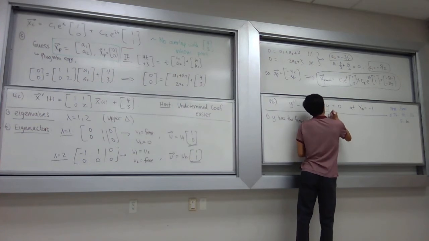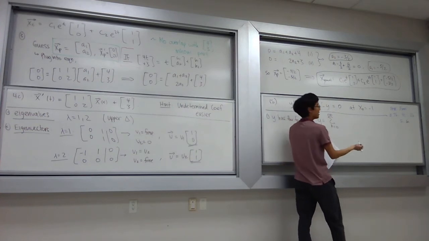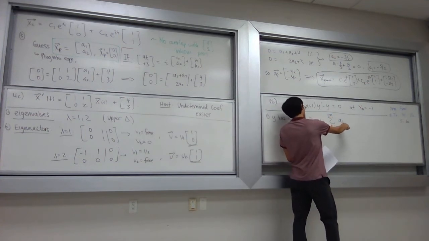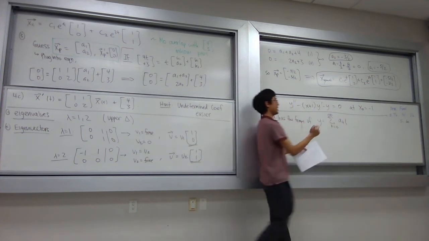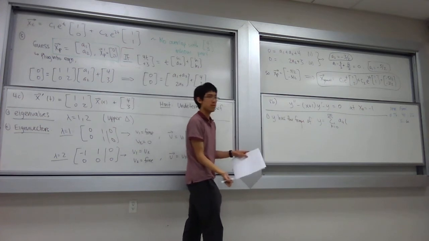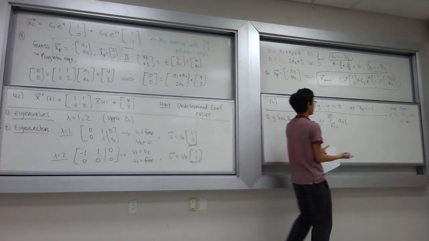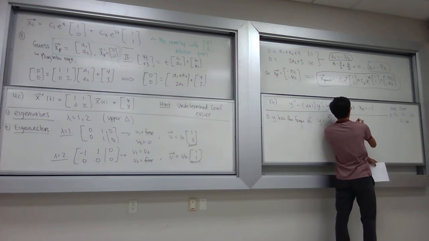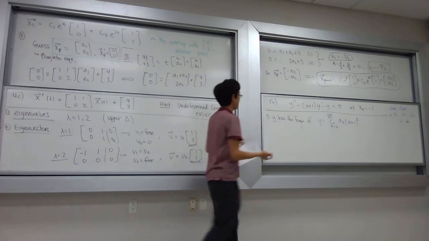It's the same as you would if it was centered at 0: sum from k equals 0 to infinity of a sub k, but instead we multiply a sub k by x plus 1, since x minus x naught is going to be x plus 1, to the kth power.